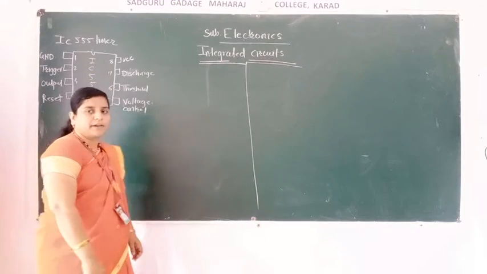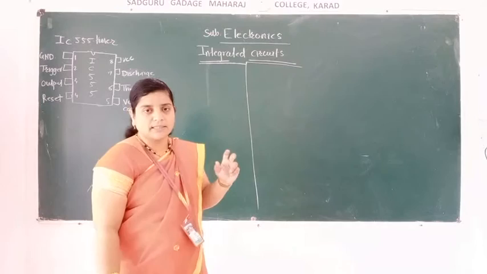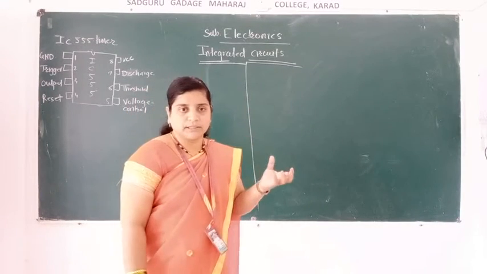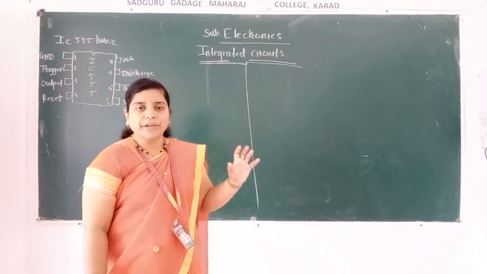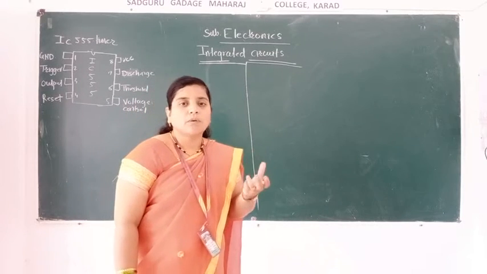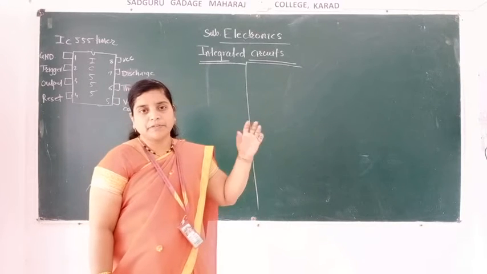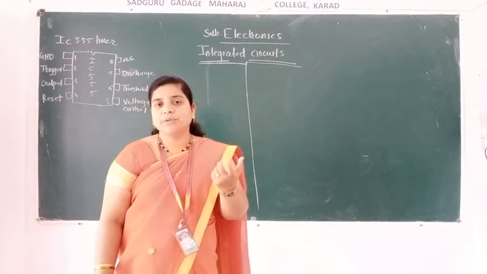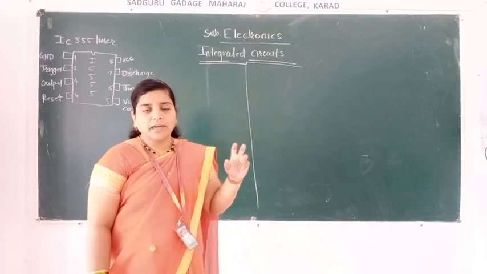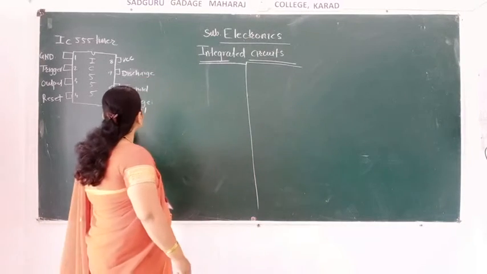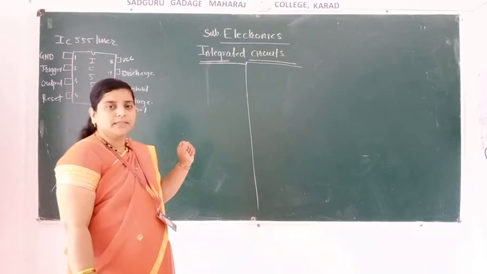IC 555 is a timer IC which is used to give the time between two circuits, to give the width, time, or duration. If you turn the circuit on and off, between on and off how much duration you have to give, for that purpose IC 555 is used. This 555 IC is used in many digital circuits.